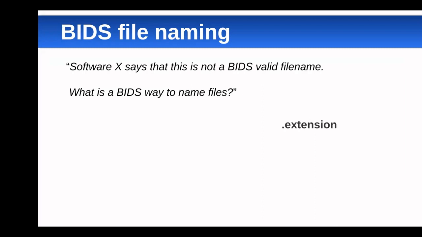So you start with, for all files with an extension, a dot and the extension. If for some reason your file browser on your computer doesn't show them, just change the options and you should always see them. Then right before the extension, you've got what we call a suffix that is preceded by an underscore.